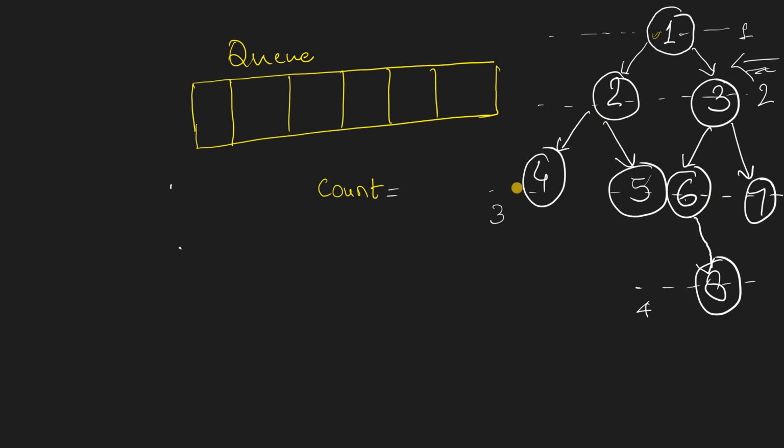So we'll see how we are going to do it. We'll start from 1. So initially we'll push the 1 into the queue. And right now, first let's start with the solution for the right view of the binary tree. So first we'll discuss the right view of the binary tree.